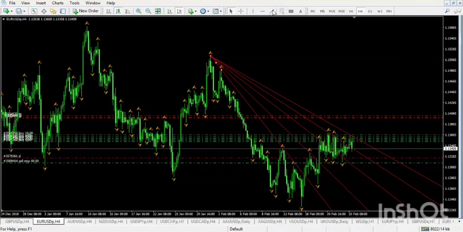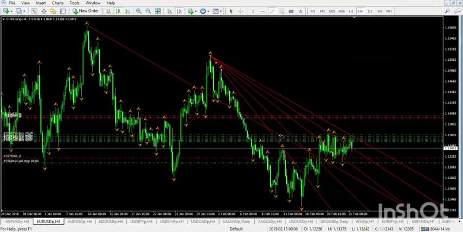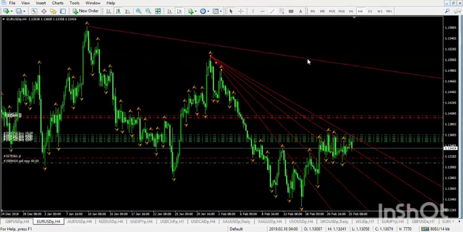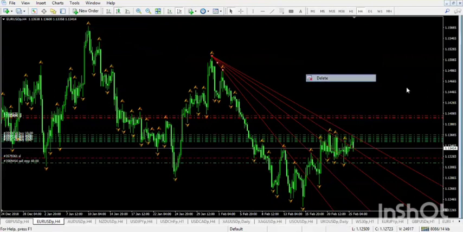From the bottom, let me see if I have drawn it right or not. Alright, I was just testing to see if it was accurate or not.